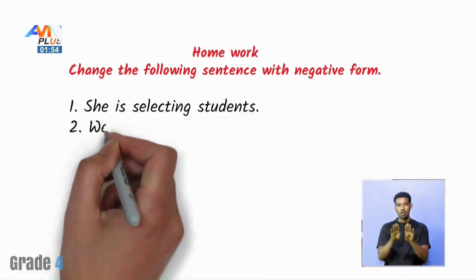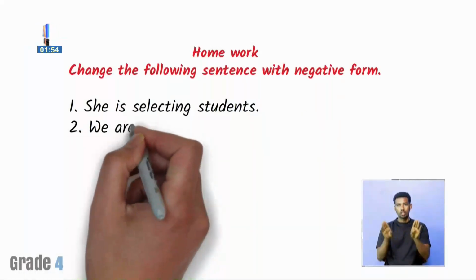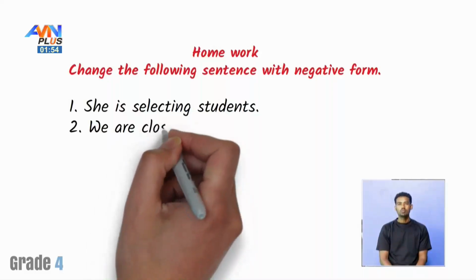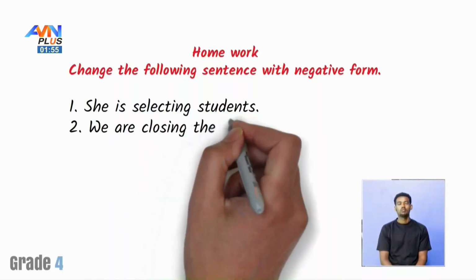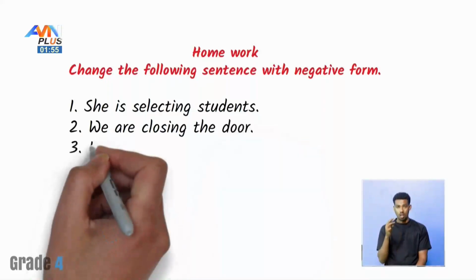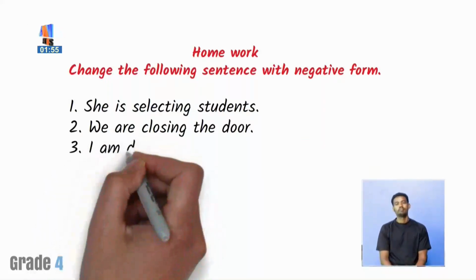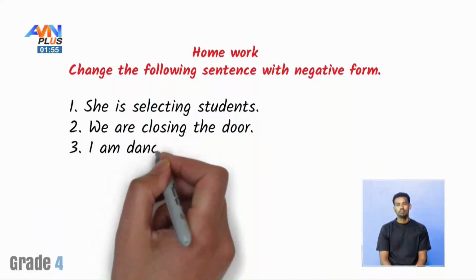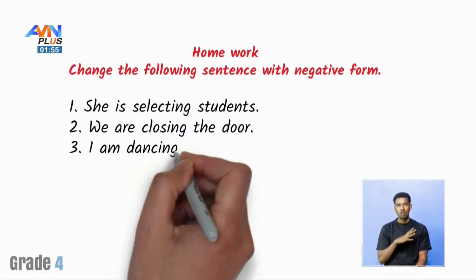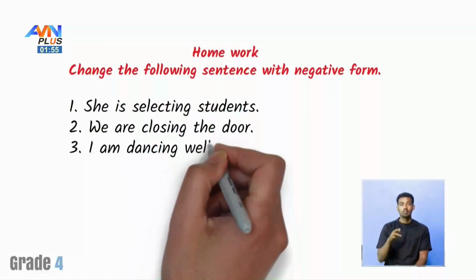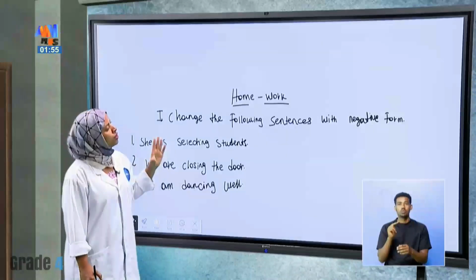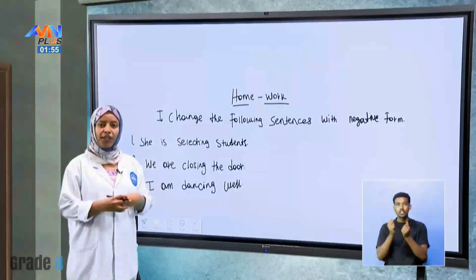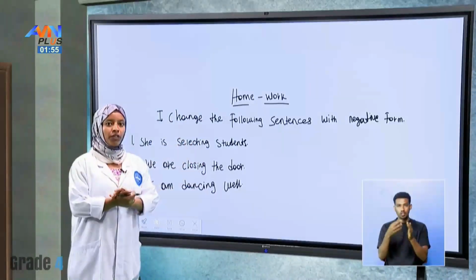We are closing the door. 3. I am dancing well. So these are affirmative forms you can use and change into negative form and also interrogative form.